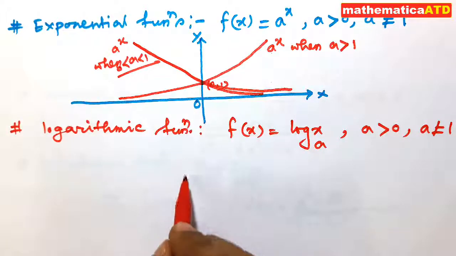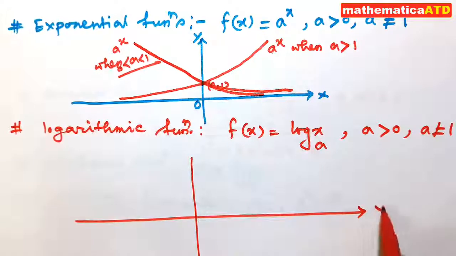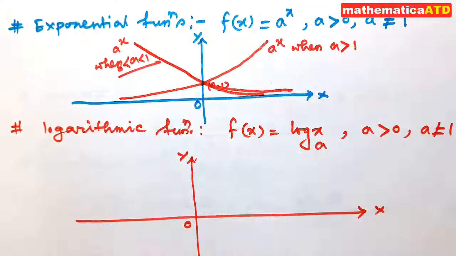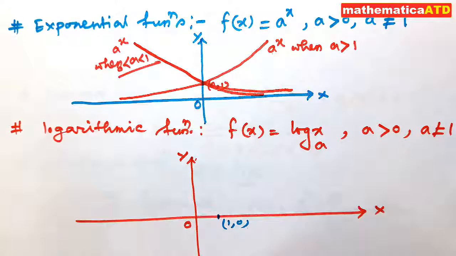So what will be the curve? The curve will be like this. This is x-axis, origin. This one is y-axis. This point is (1, 0), and the curve of f(x) equal to log x will be like this.